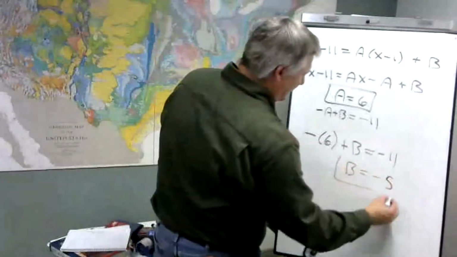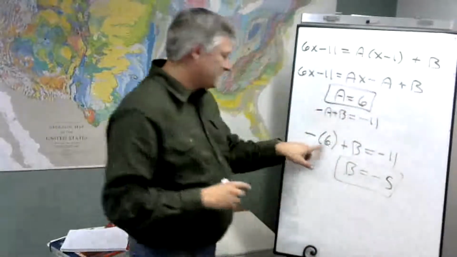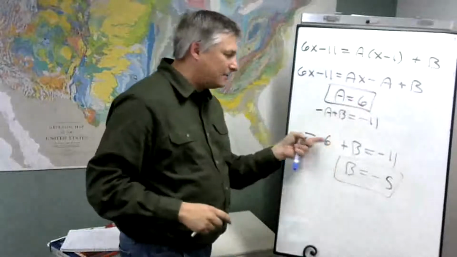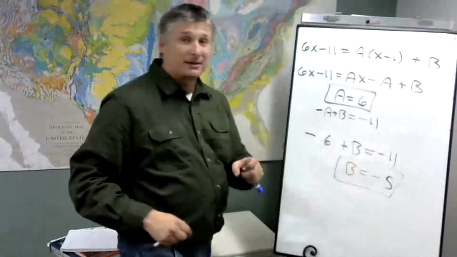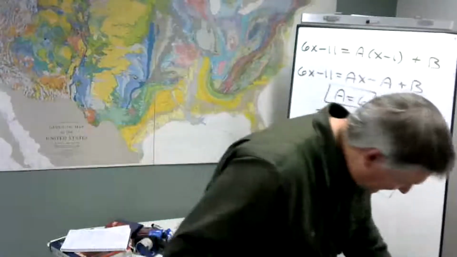So what this says is this. Again, negative times 6 would make this turn into negative 6. Add this to both sides. You'll get that negative 5. So what do we have here?